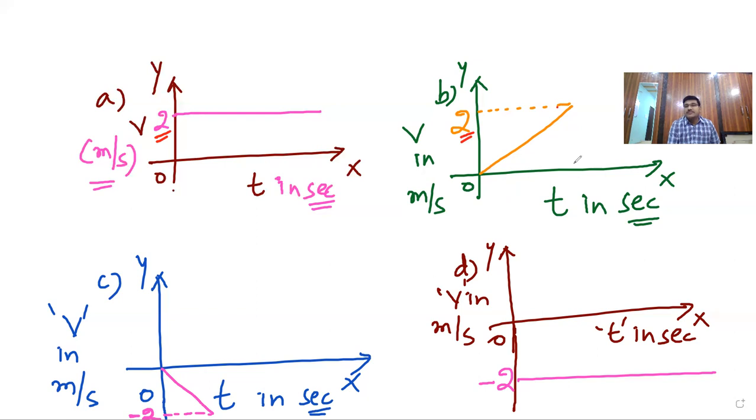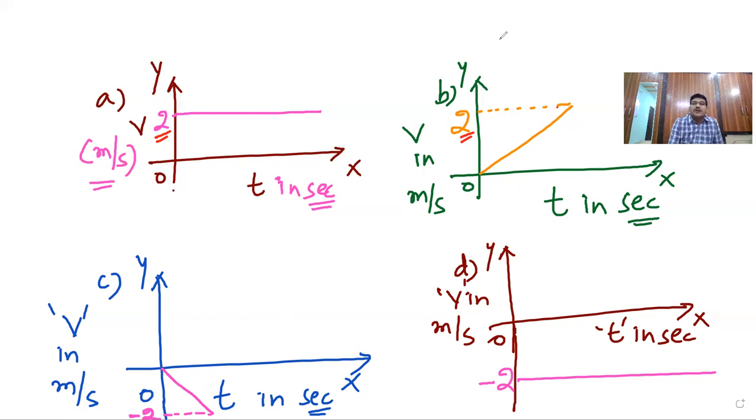Like that, as time is passing, velocity is changing. Similarly in the third option, velocity is completely changing with respect to time, and velocity is negative. But in the fourth option, velocity is negative, and as time is passing, velocity remains constant. Clear?